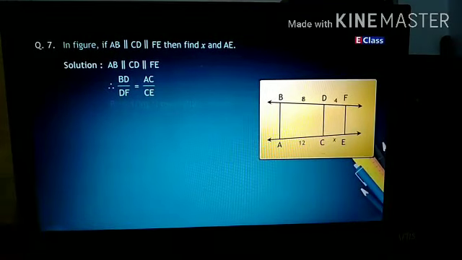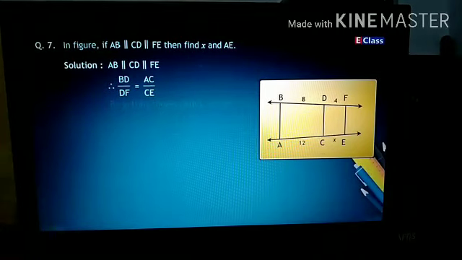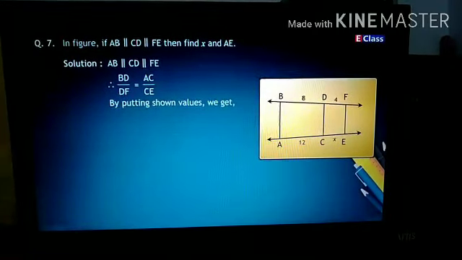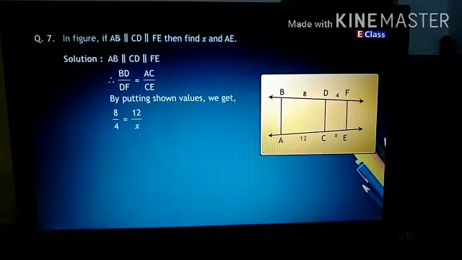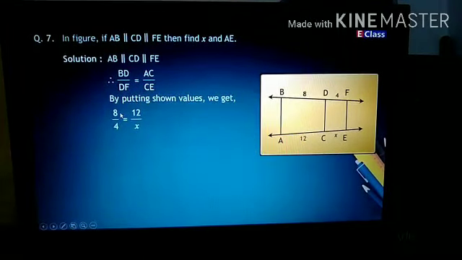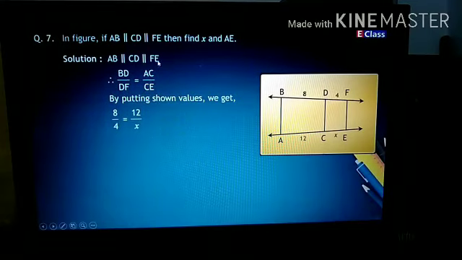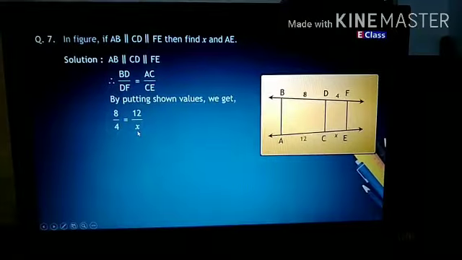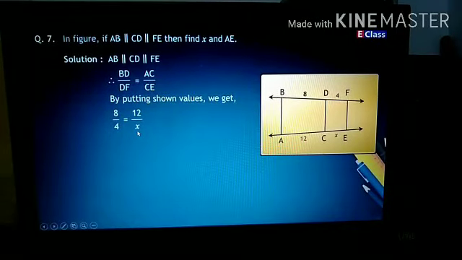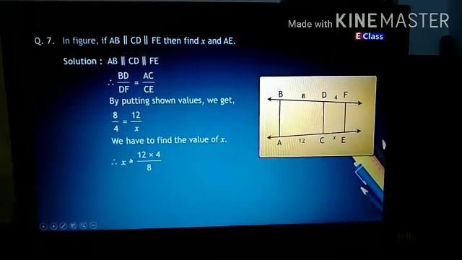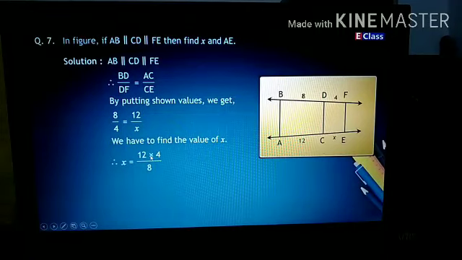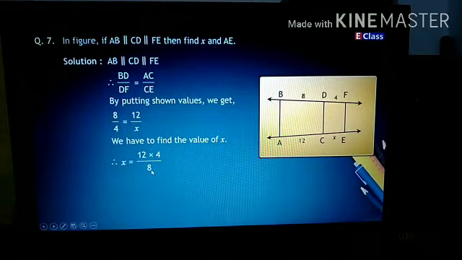Now substitute the values which we have marked in the figure. By putting the shown values, we get BD is 8, DF is 4, AC is 12, and CE is the unknown value that is substituted by the variable x. Now let us cross multiply. When we cross multiply, we get x is equal to 12 into 4 upon 8.